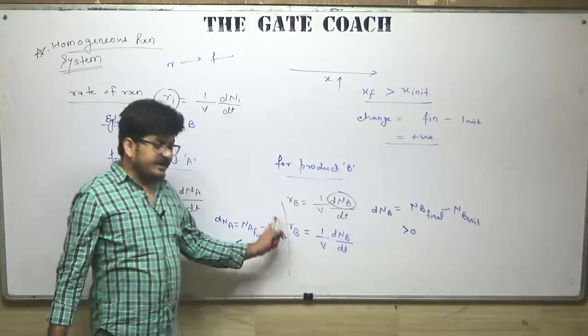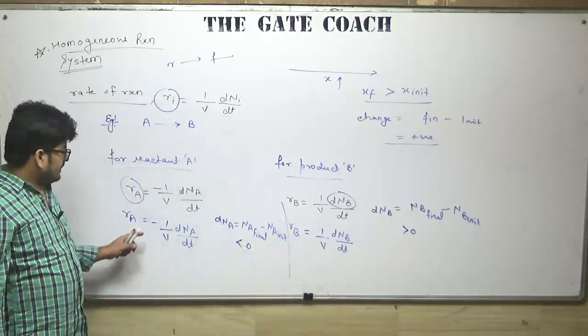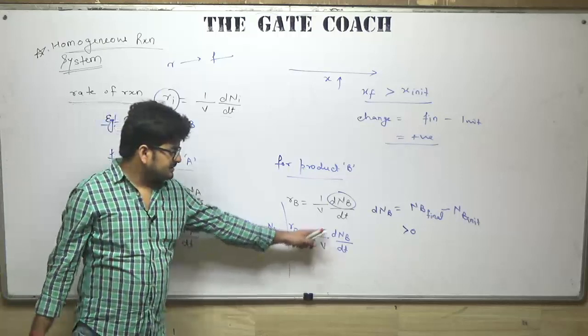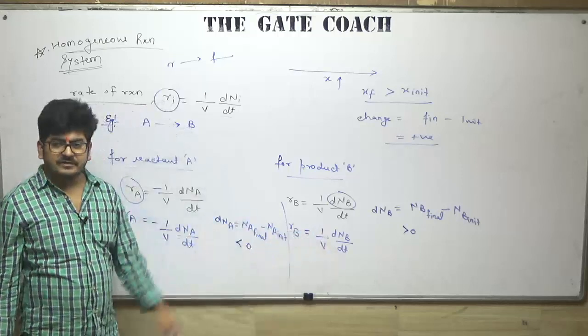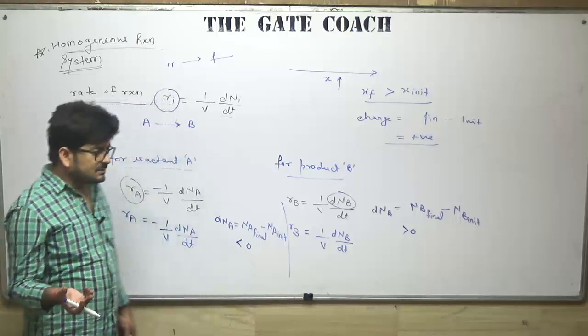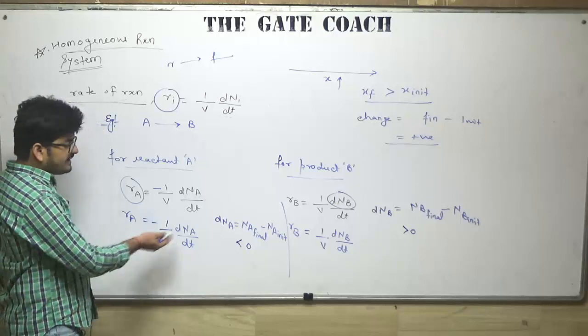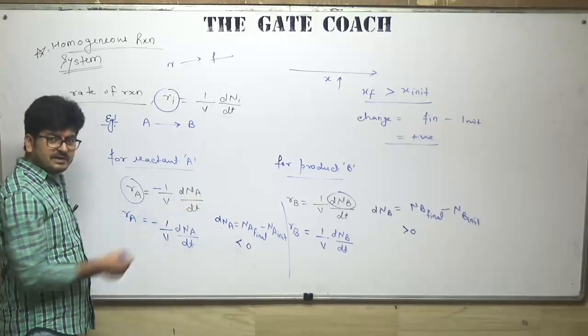Now this is the rate in terms of product B, and this is the rate in terms of reactant A. On the right hand side you can see the equation is different. The nature of the equation is the same, but the meaning is different. Here we have minus, on that side we have plus.